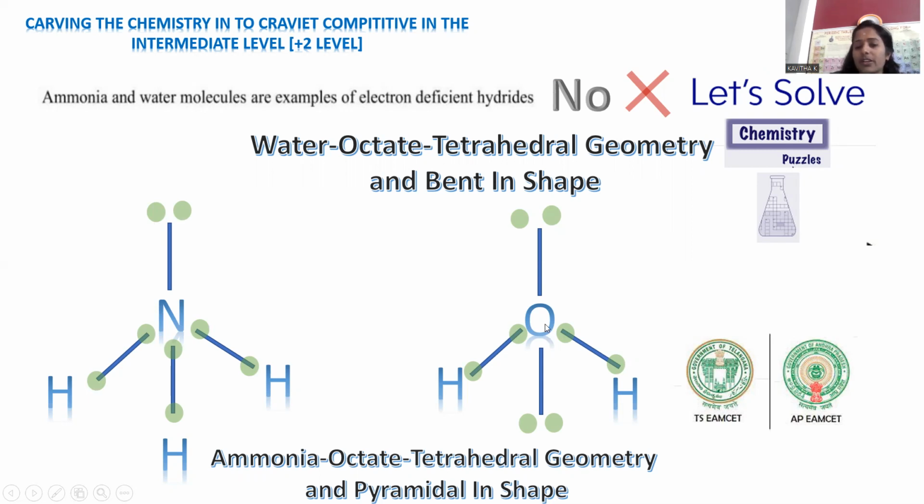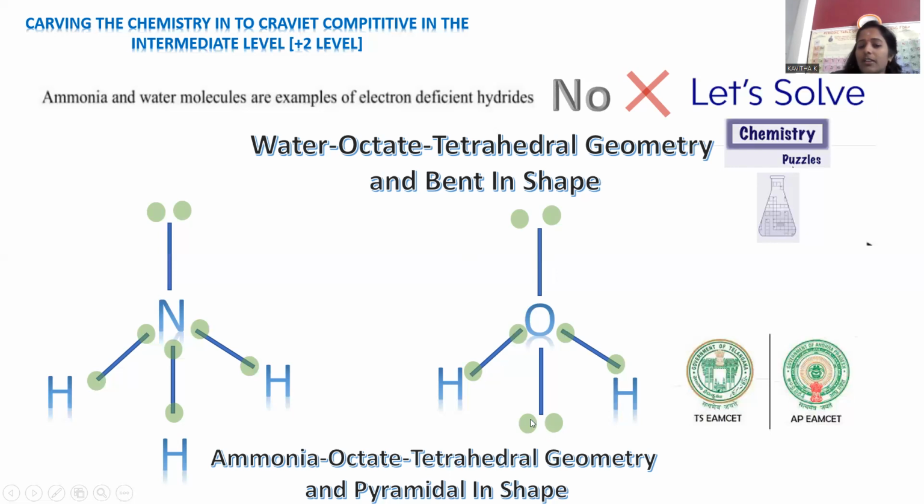If you go with water also taken over here, water's oxygen is in sp3 hybridization with 2 bonds with the hydrogens, and 2 more lone pairs of electrons are present in the 2 tetrahedral corners. The geometry will be tetrahedral. If you go with its shape, we can say bent.